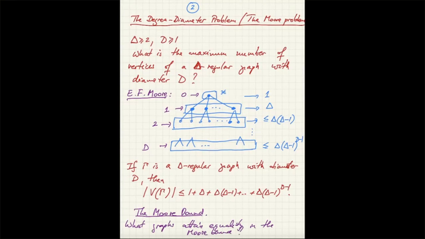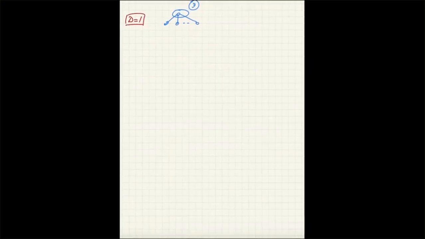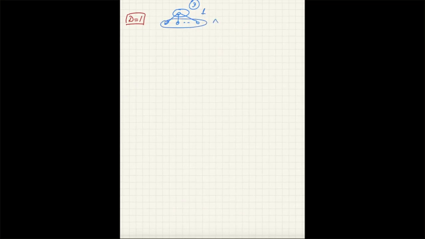So let's start with small cases. Let's see what happens if the diameter is 1. Well, if the diameter is 1, we have a vertex, our vertex, and then you have delta vertices here, and you don't have any vertices at distance 2 from X. But now, if we have two vertices here that are not adjacent, let's say a Y and a Z, then the distance between them would be 2.